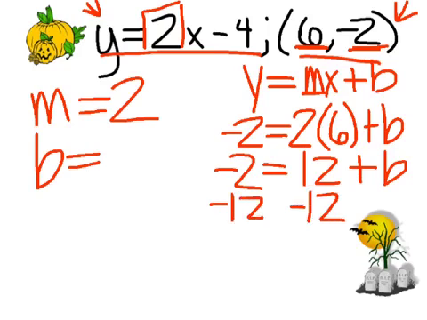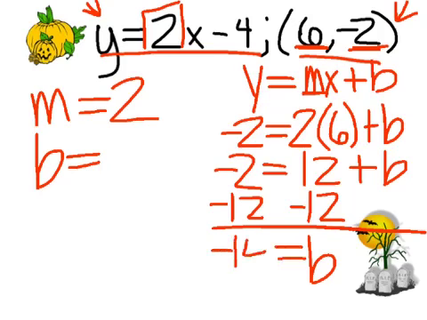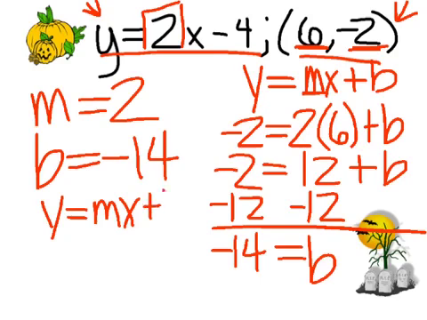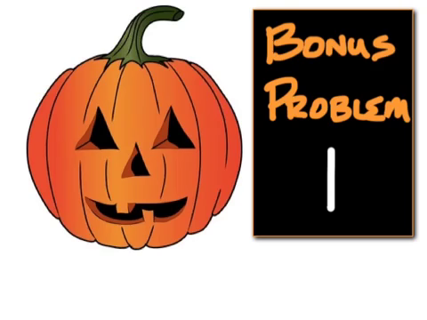Subtracting 12 from both sides. When we do that, we have b on the right and on the left. Negative 2 minus 12? Negative 14. Good. Okay, when we put this back into y equals mx plus b, we get y is equal to 2 times x plus negative 14.